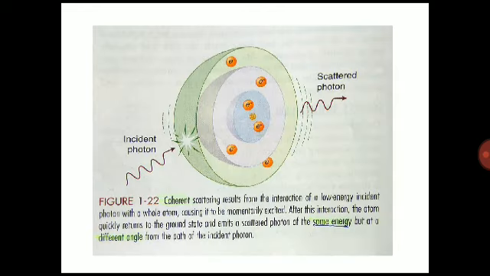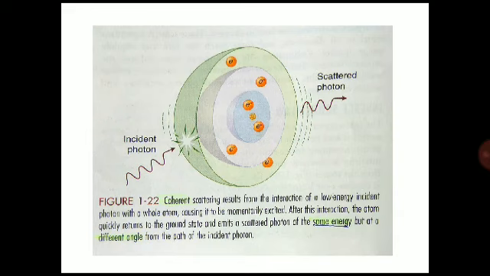First, in coherent scattering, the incident photon has very low energy, which is less than 10 electron volt. It strikes an atom, but the energy is not enough to cause instability of the atom.